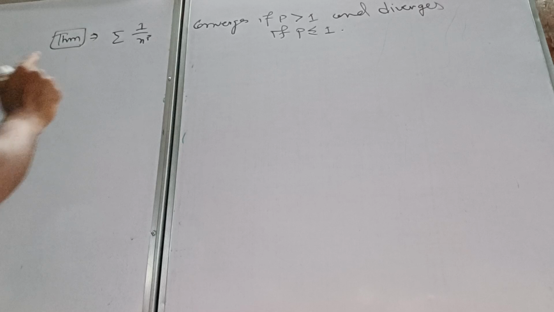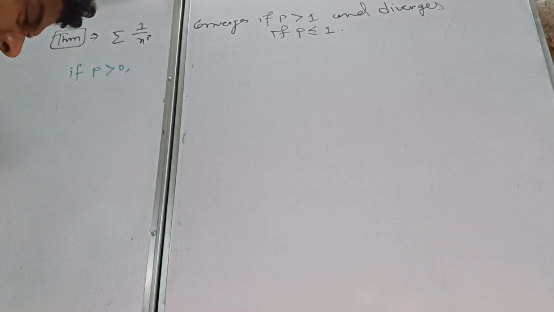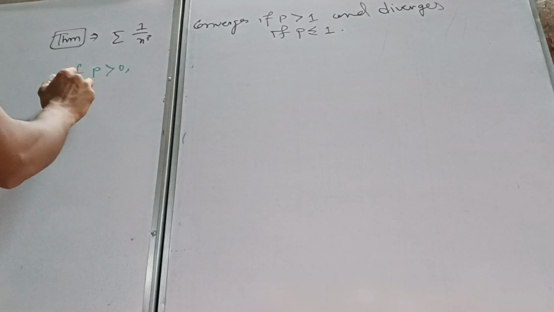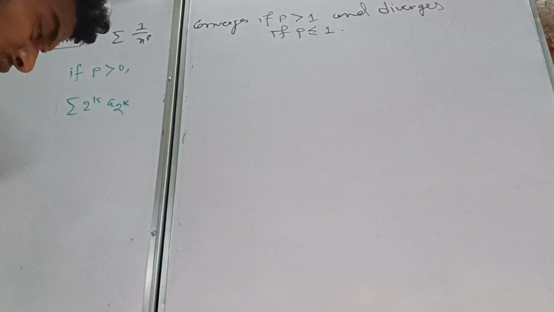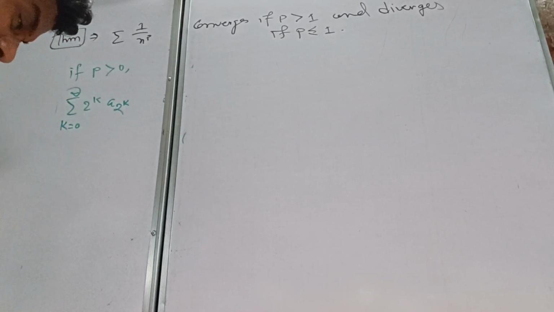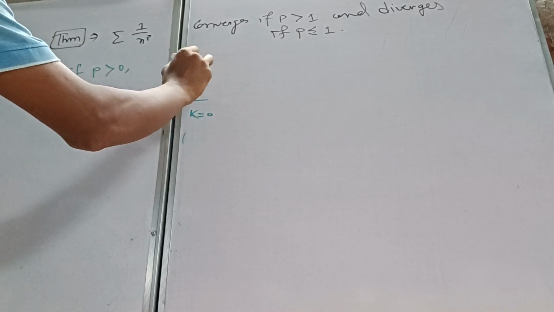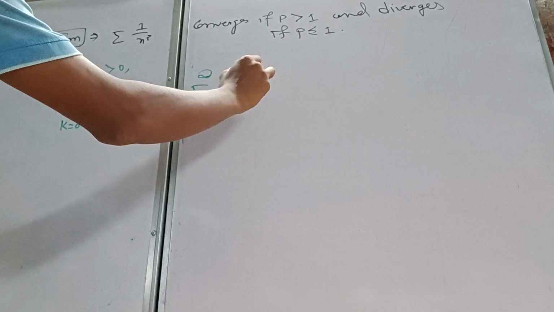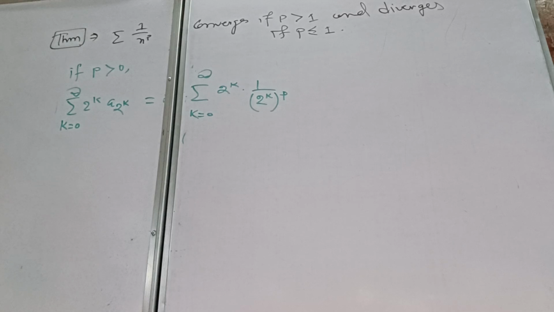Here, if p is greater than 0, then what happened? Then we also see that summation 2^k a_{2^k}, k equal to 0 to infinity, equals summation k equal to 0 to infinity 2^k (1 by 2^k) whole to the power p.